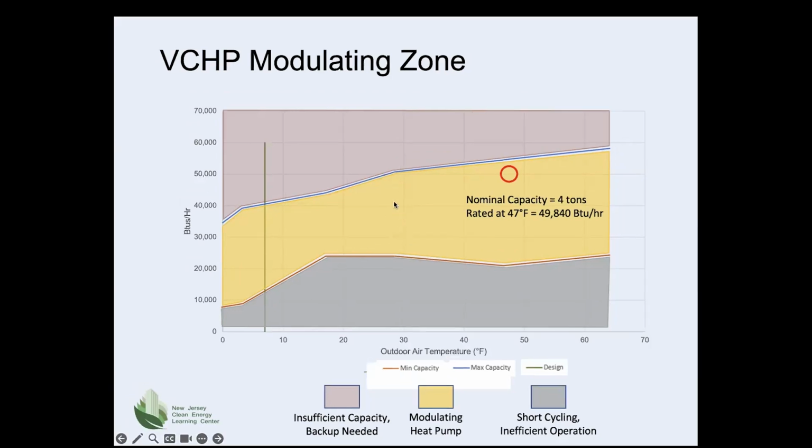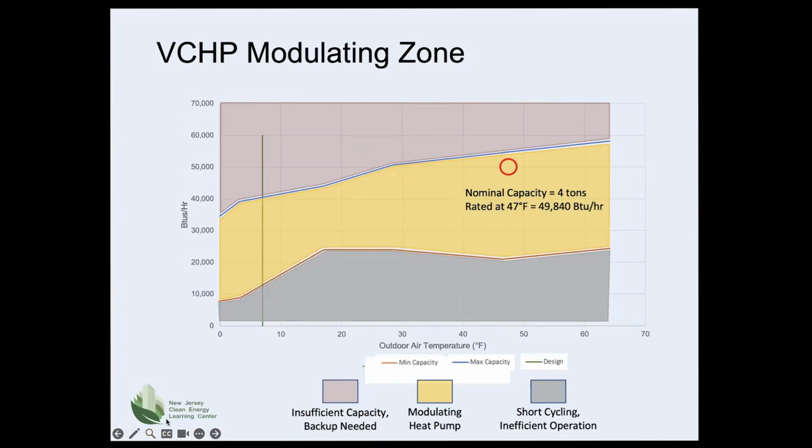If we're operating above the maximum capacity of the heat pump, it'll have insufficient capacity to meet the load of the home, and it'll require some sort of backup or supplemental heat. If it's operated below its minimum capacity, it'll short cycle and it will be inefficient, and it can result then in shorter equipment life and occupant discomfort, as well as increased cost to operate the unit.